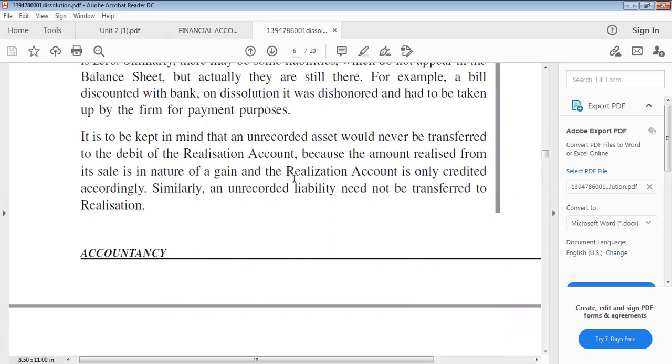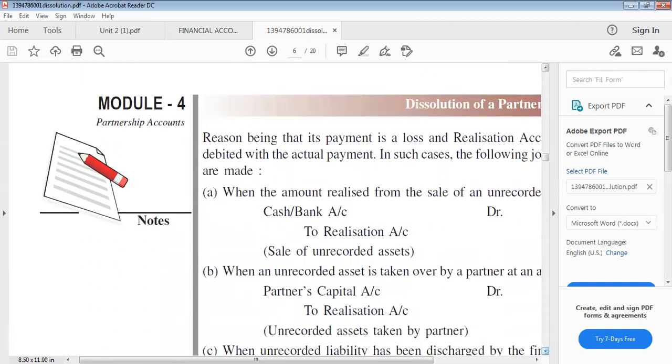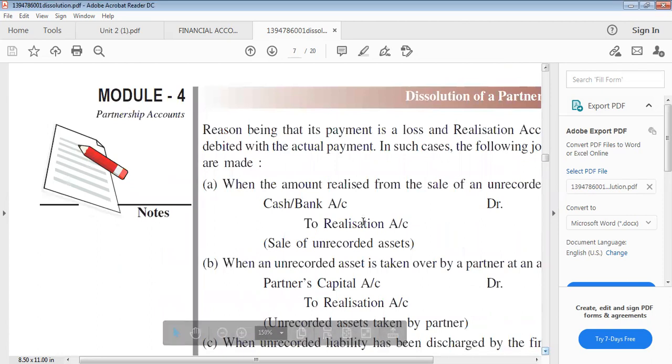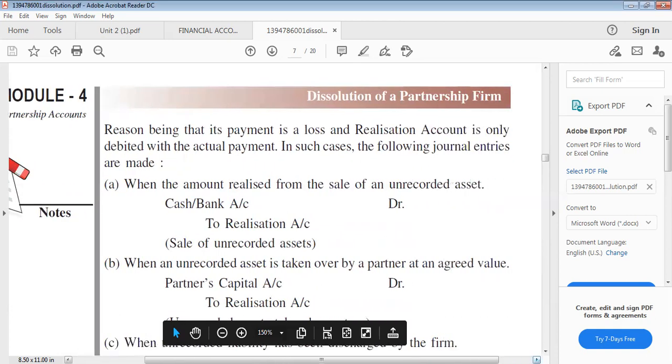Similarly, an unrecorded liability need not be transferred to the realization account. The reason being that its payment is a loss, and realization account is only debited with the actual payment.